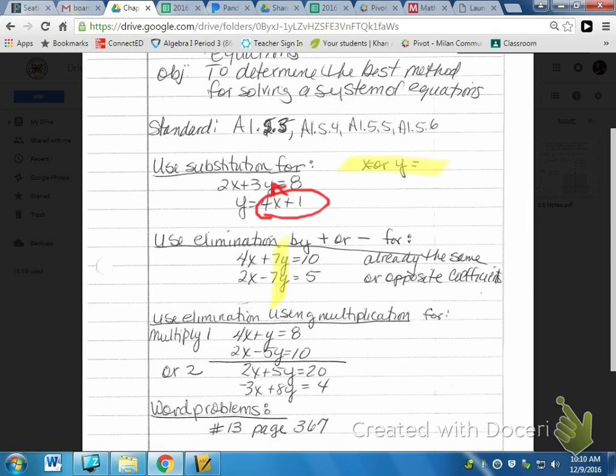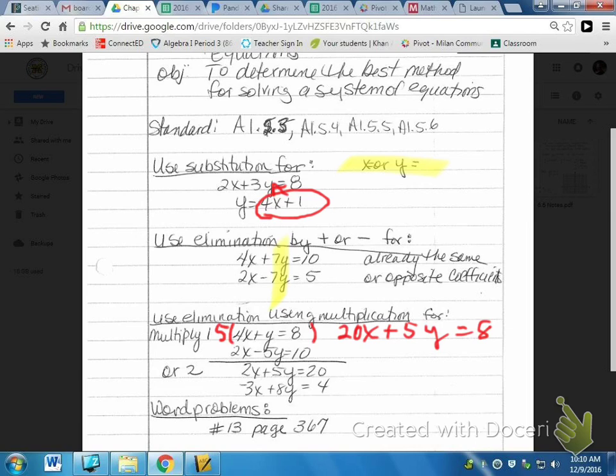Mia? Yeah, I would definitely multiply that top one by 5 because that would make it 20x plus 5y equals 8, and then the y's would fall out. Okay, so there's a case where you might have to multiply just one of them.